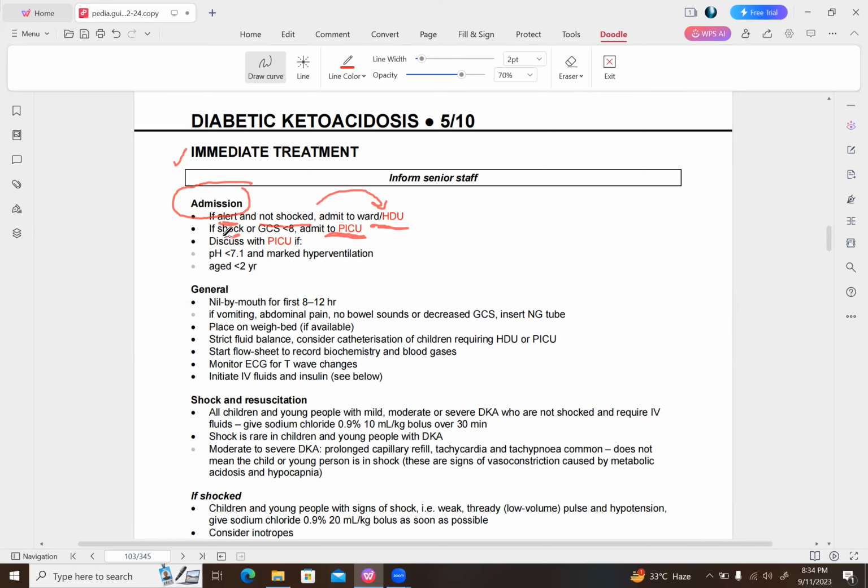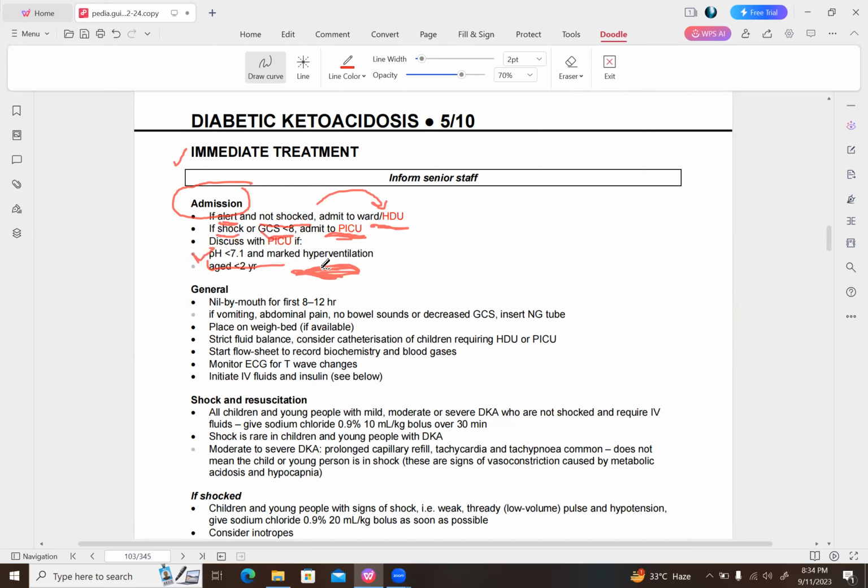But if the patient is in shock and the GCS is less than 8, then you have to admit in the pediatric ICU. In the pediatric ICU, you have to address this pH, which is very low, very acidic, and this marked hyperventilation.